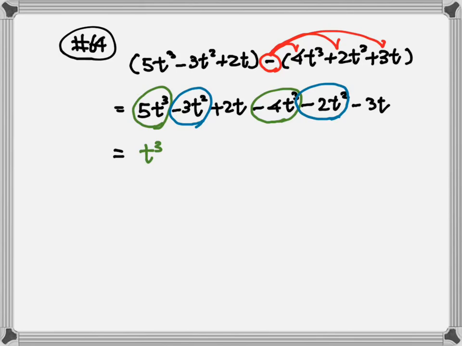Negative 3, negative 2 becomes negative 5. Keep the t squared. And after that, here we have plus 2t minus 3t. So 2 minus 3 will be a negative 1t. Again, usually we don't write a 1. If you want to write a 1, it's okay.